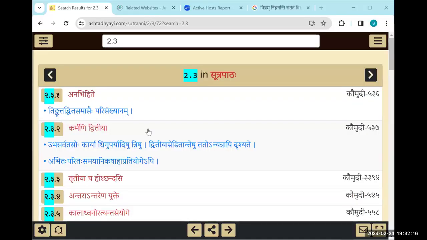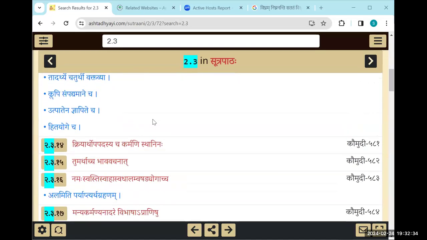So now 2.3 begins by saying, Anabhihite. Anabhihite means what is not denoted. If it's denoted, it has to go in first case. What can be denoted is only karta or karma, depending on prayoga. If it's not denoted, then alone you step into this chapter.